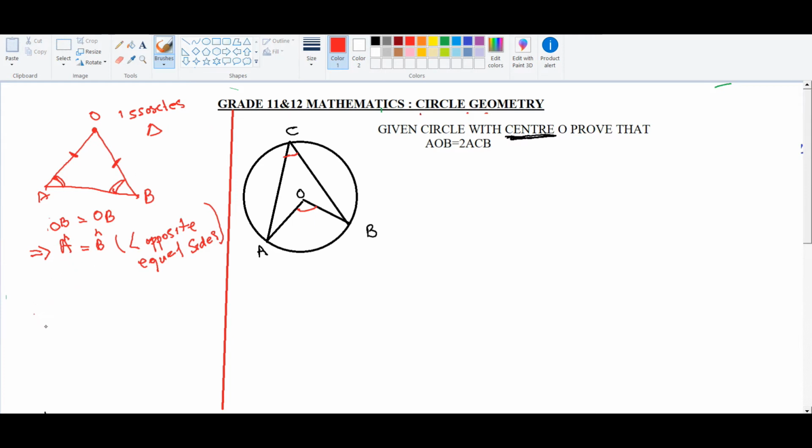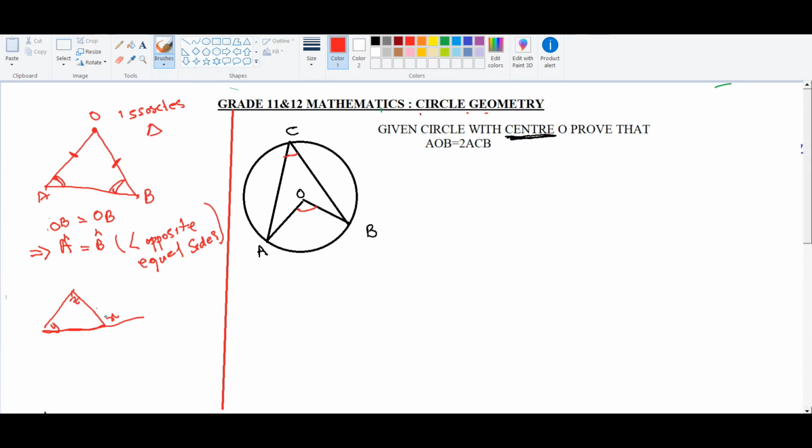What else? Another triangle theorem that will assist us to solve. If you have a triangle, now you have an angle here. Let's say this is x, maybe this is y and z.